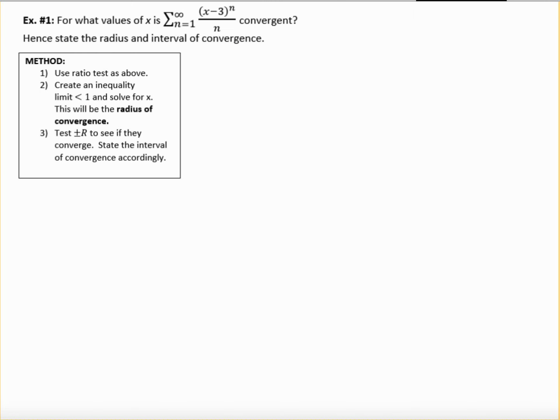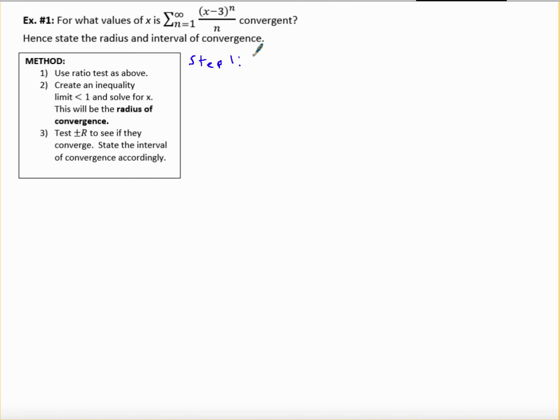So here's our first example. First question asks us, for what value of x is this series convergent? And then they ask us to state the radius and the interval of convergence. Well, I'm actually just going to use the ratio test just like we did before. And I like the ratio test. So step number 1, I'm just going to compare the a sub n plus 1 to the a sub n.